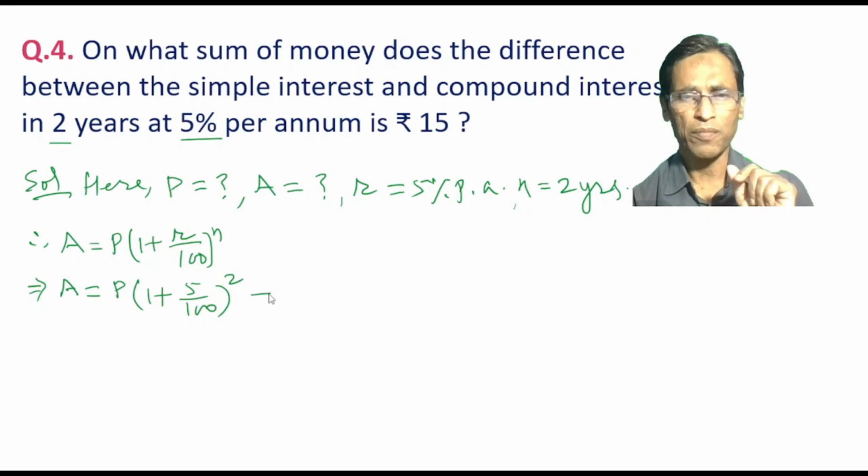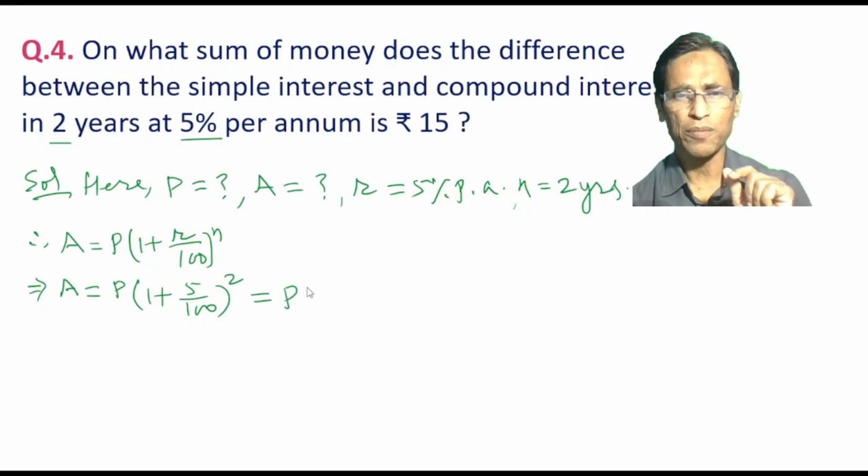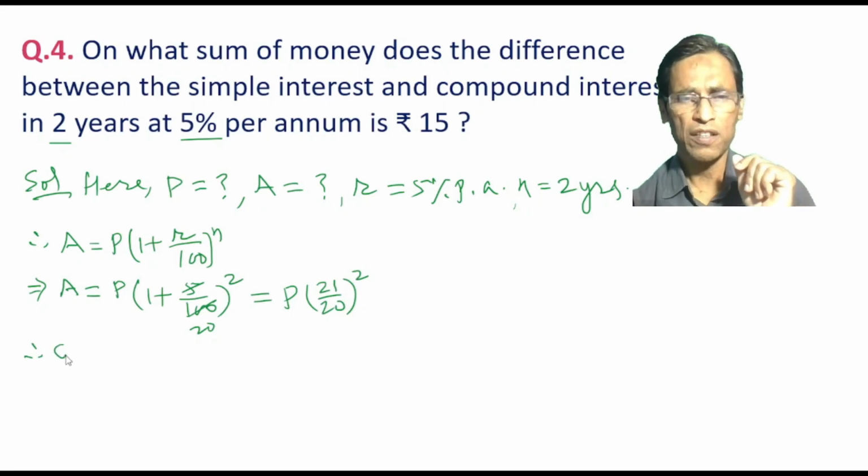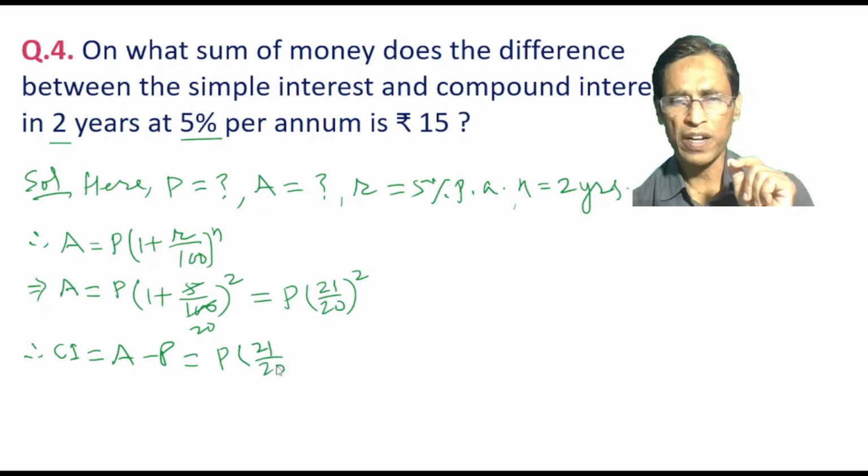Now we have P times, 5 by 100 is 1 by 20, and so it is 1 plus 1 by 20, which means 21 by 20, and 21 by 20 to the square. For this we have CI equal to A minus P, that is P times 21 by 20 square minus P.